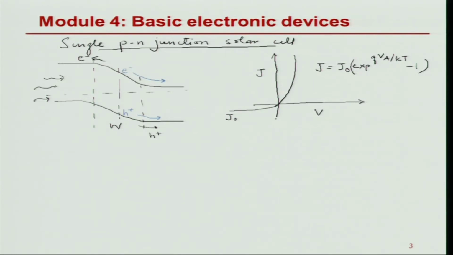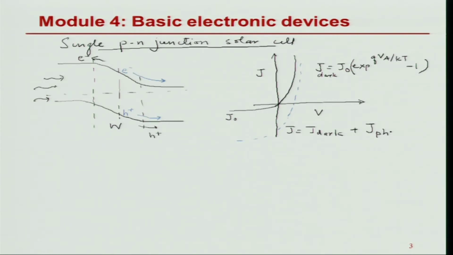So this is going to be in the negative J direction, using the same convention. So due to the light, I am generating a current which is whatever was its dark current given by this term plus a current due to light photons.